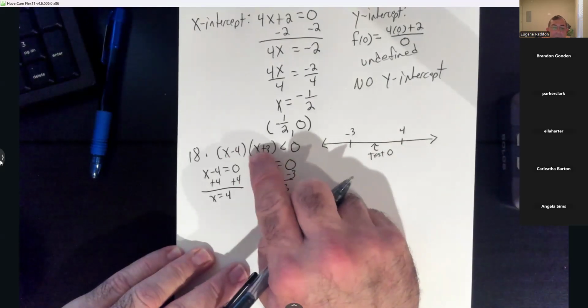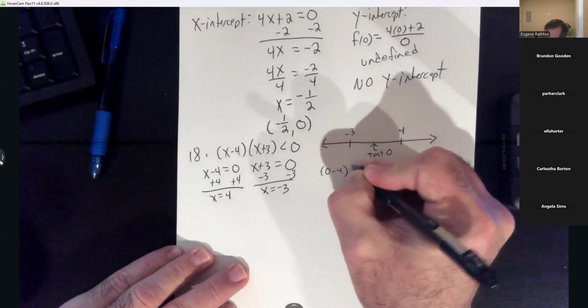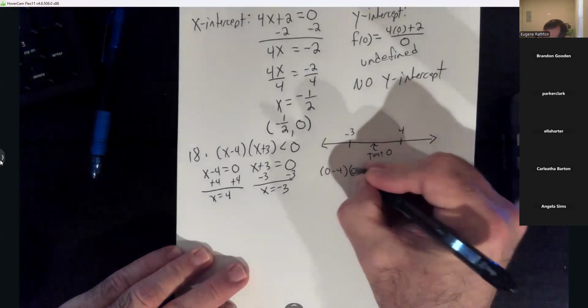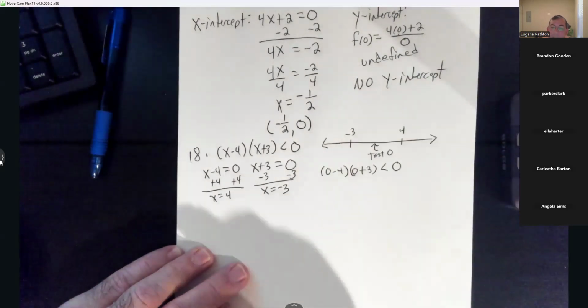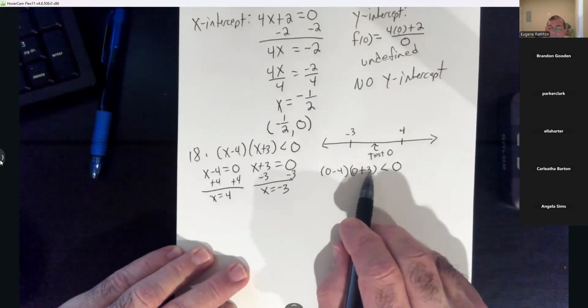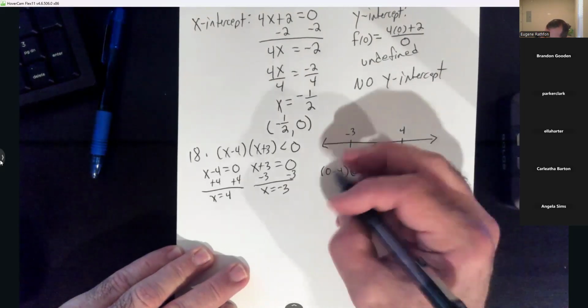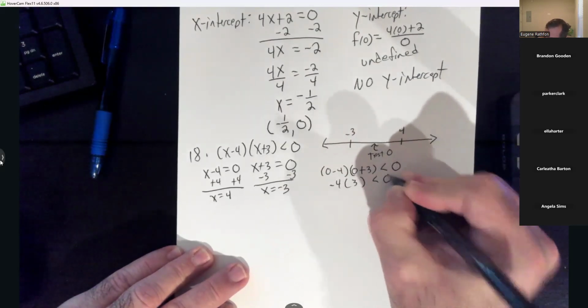So let's put a 0 in for these x's and see if this is true or false. 0 minus 4 times 0 plus 3 has to be less than 0. So y'all, this is going to give me a -4 times +3 has to be less than 0.